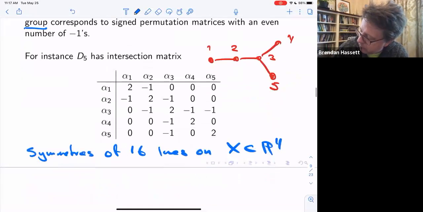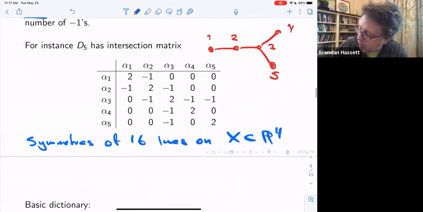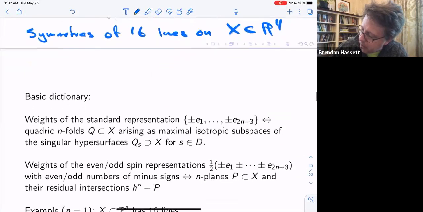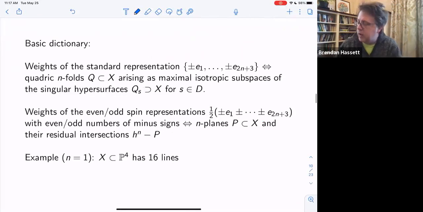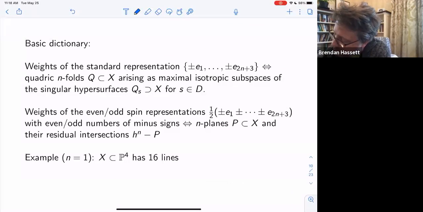Okay. Let me say a bit about the dictionary here. The weights of the standard representation, meaning the standard representation of the orthogonal group.